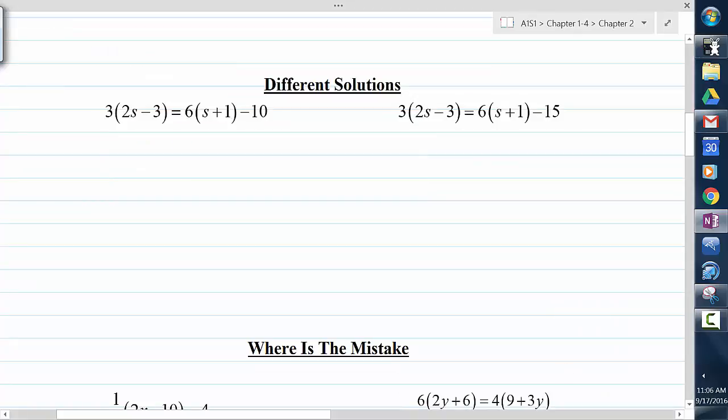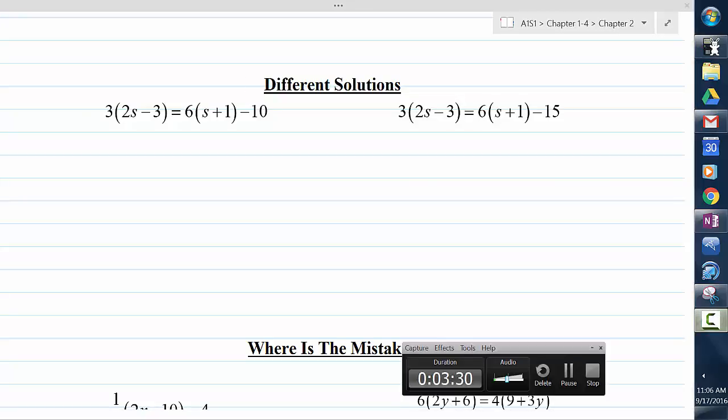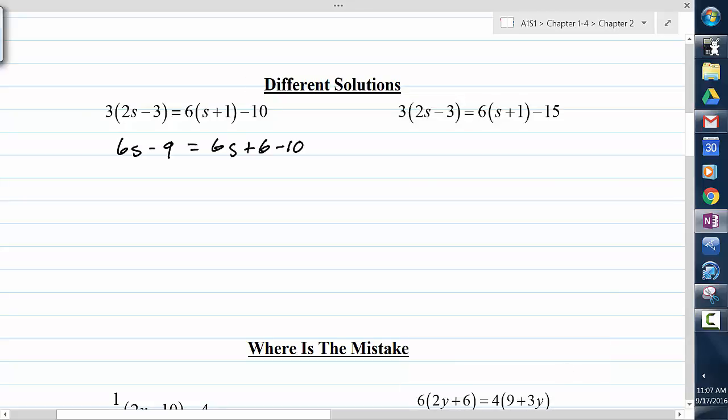Let's discuss some different solutions we can get when we solve these equations. If you solve this one right here, watch the solution we get when we actually do it. All I did there was distribute the 3 into this parentheses and distribute the 6 into this parentheses, right? So from here, combining like terms, I'll get that 6s minus 9 equals 6s minus 4. Now remember how I said in an equation that both sides have to be equal to each other.